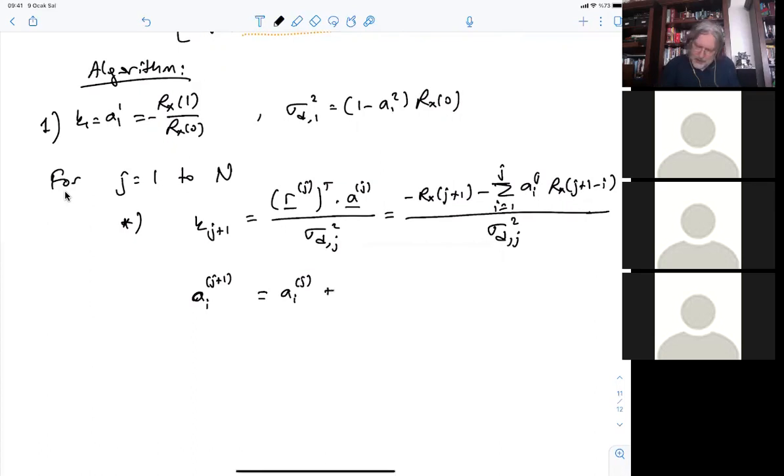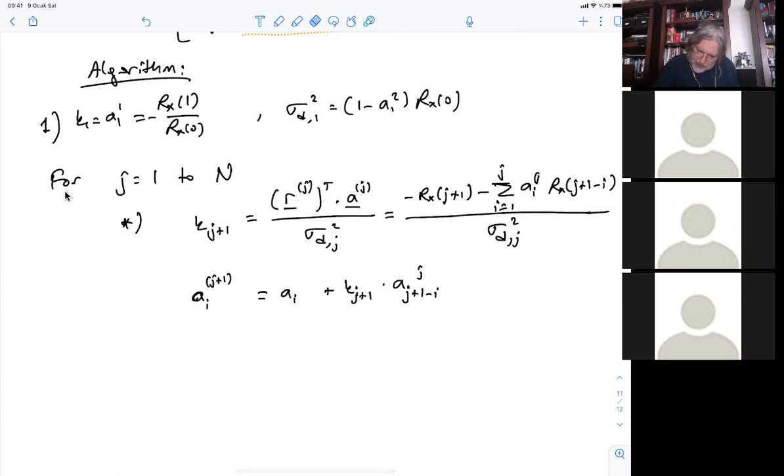The increment is this k j plus 1, which you just evaluated one line above, times a j plus 1 minus i. Now this may look a little bit awkward. We don't actually need parentheses here.